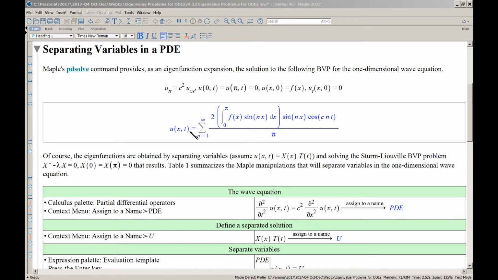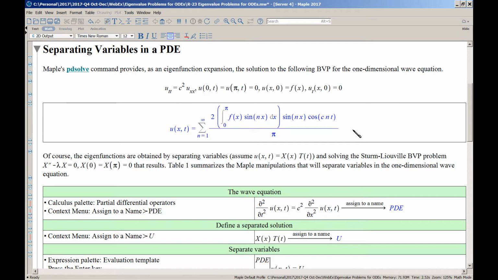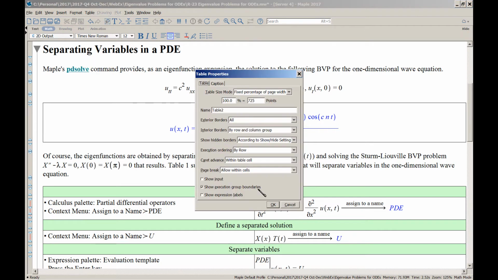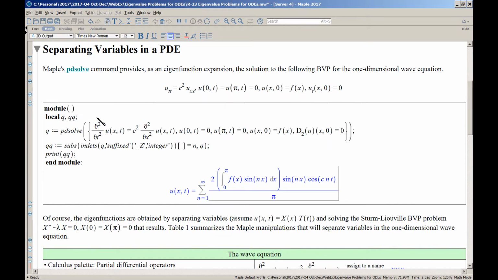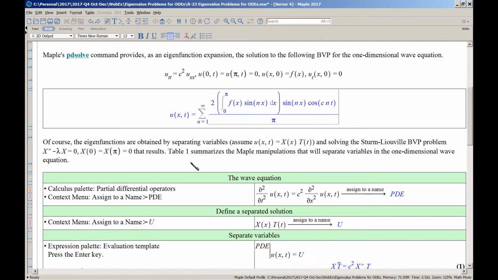And if you would like to see what the commands for getting that look like, these are the commands. There's a dsolve command, a little bit of substitution for the symbol Maple uses for integers, and we have this solution.